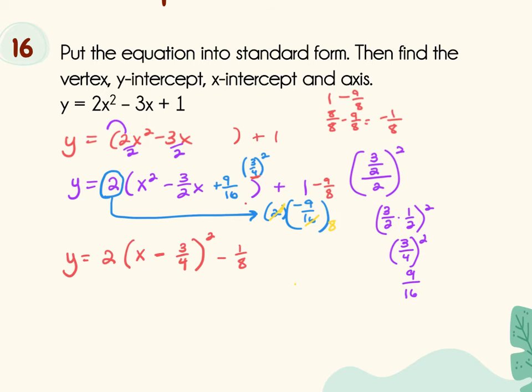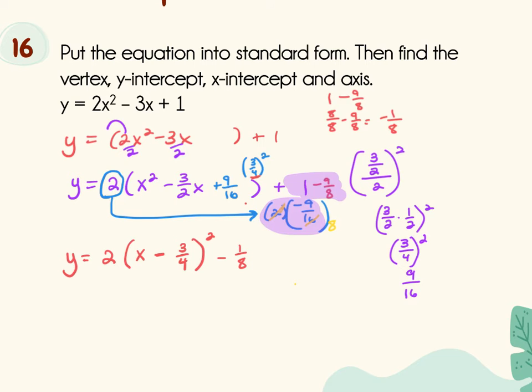But you have to add the 1 and subtract the 9/8 first, then multiply by 2? No, we multiplied by 2 first. We multiplied the 9/16 by 2 first, and I got negative 9/8. So then I did 1 minus 9/8. Oh, okay. Why did you do negative? Because whatever we do inside the parentheses, remember we add inside the parentheses, we have to do the opposite outside.